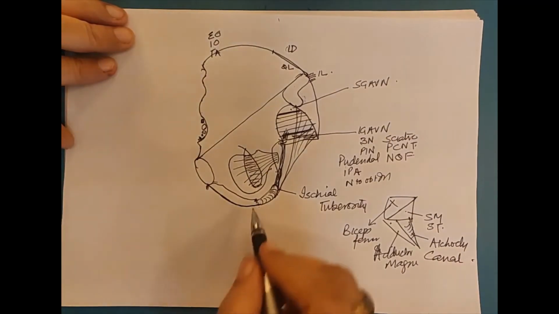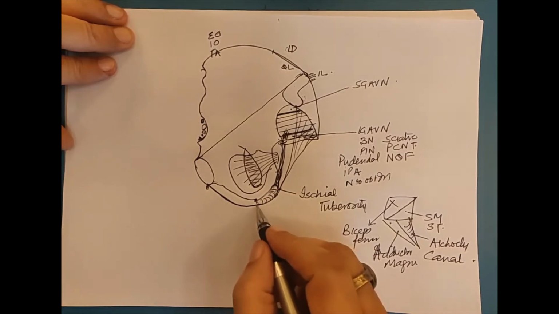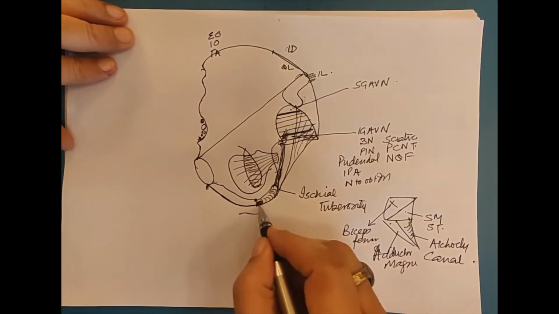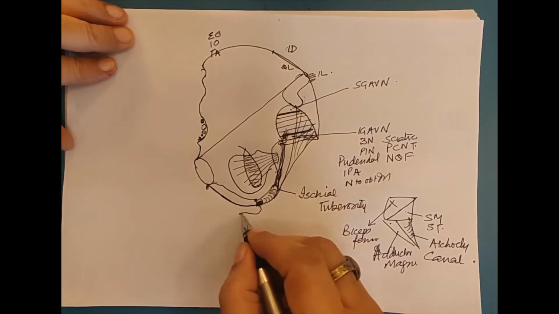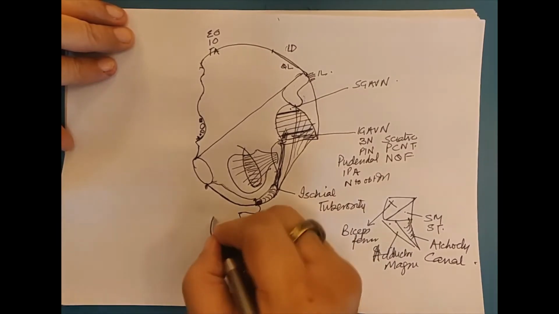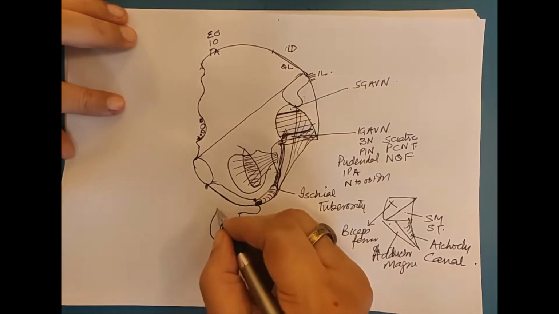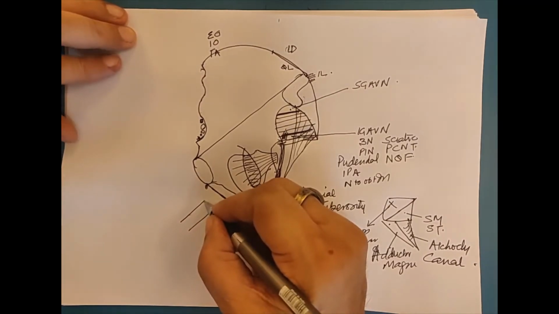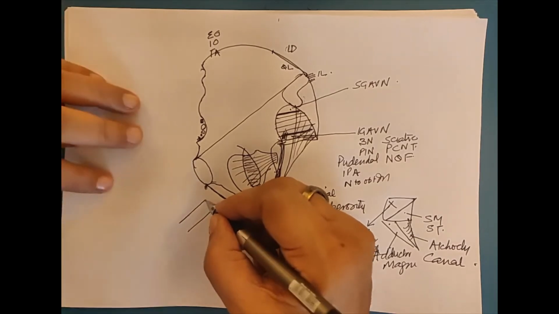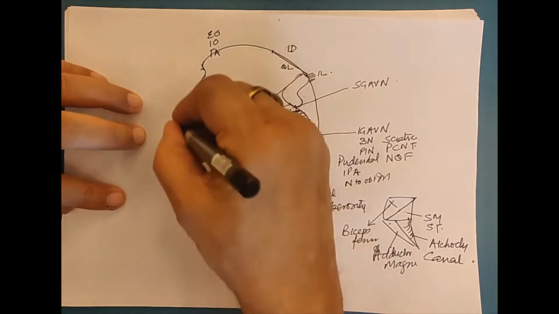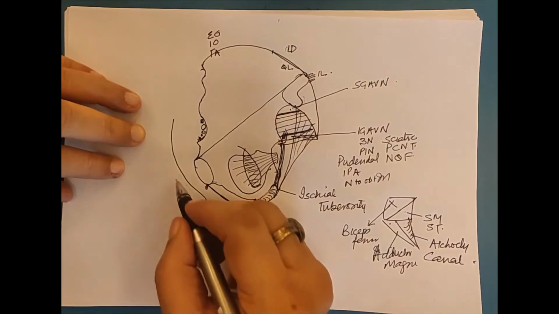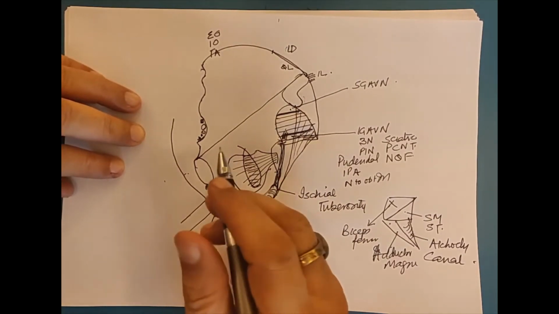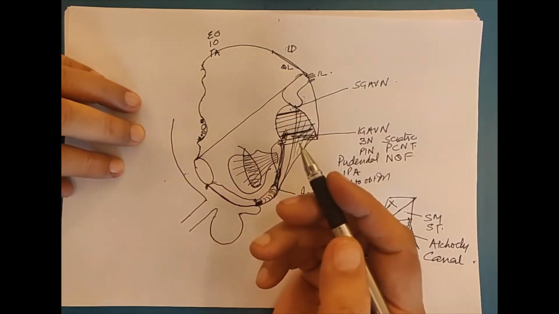Right? And then there is a superficial fascia of the pelvic diaphragm. Here is the perineal body, and this lines the scrotum, lines the penis. It's called as the Colles fascia here, and then goes into the abdomen as Scarpa's fascia, because subcutaneous tissue in the abdomen has two layers, a Camper's layer and a Scarpa's layer.